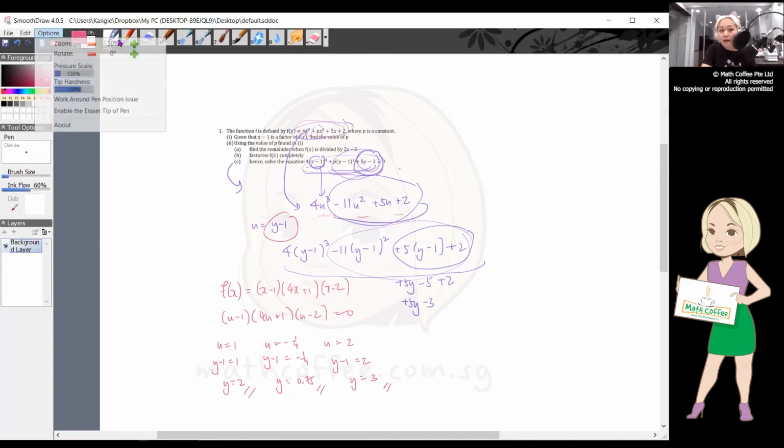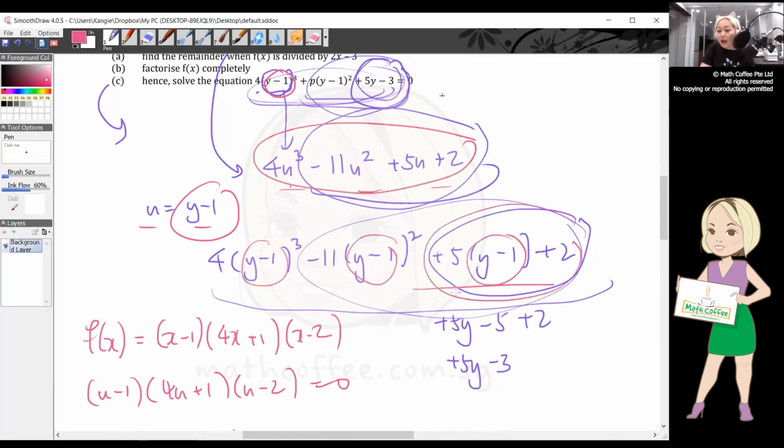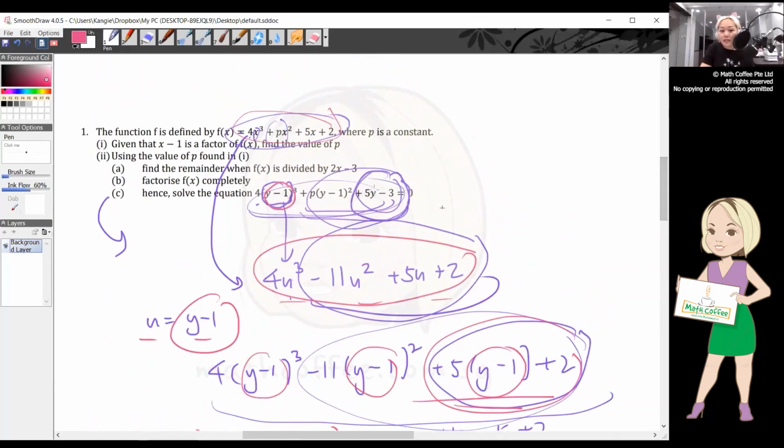Then the part in front, y minus 1, already hints that u represents y minus 1. So you just replace all the u to become y minus 1, and just manipulate the back part to double confirm that this is exactly the same as the equation that they asked you to do.